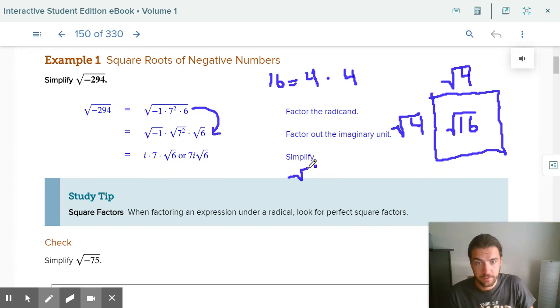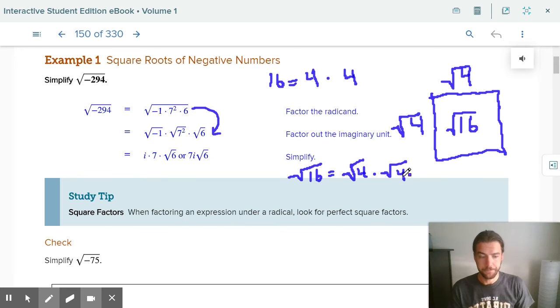So we can write that square root of 16 is also equivalent to the product of square root of 4 times square root of 4. So that is this step right here. It's taking a large radical and breaking it up into its component factors, like we broke this up into these 2 factors.